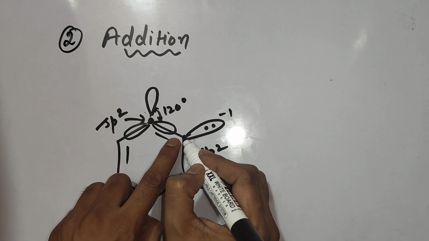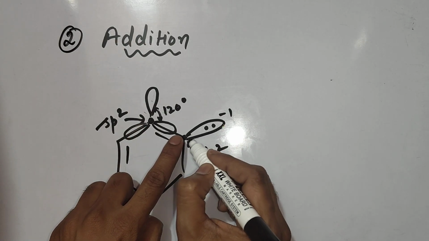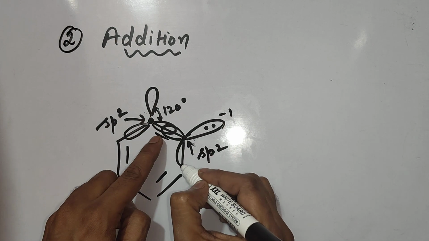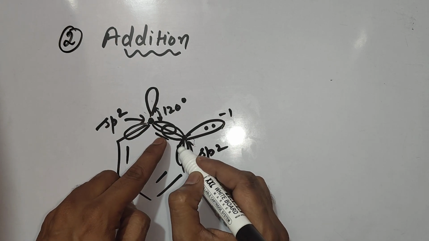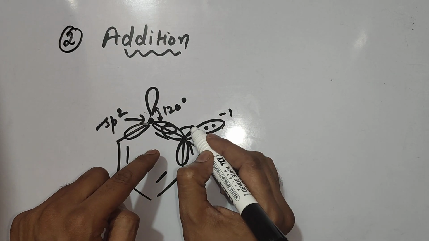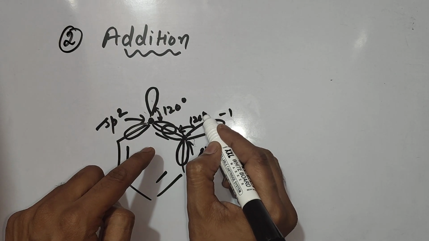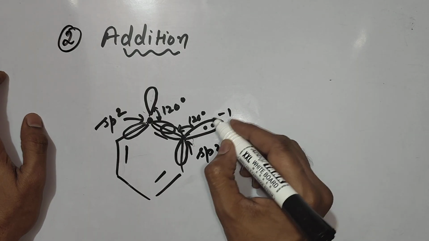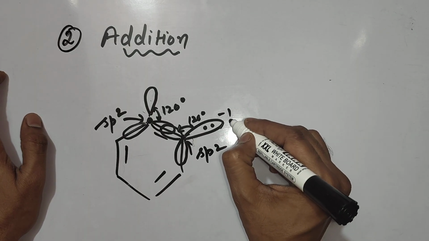Same case is here. This carbon, this orbital full of electron, this orbital, this orbital. With these orbitals, it is making sigma bonds overlapping. Angle again 120 degree. So the direction of these two orbitals are quite away from each other.